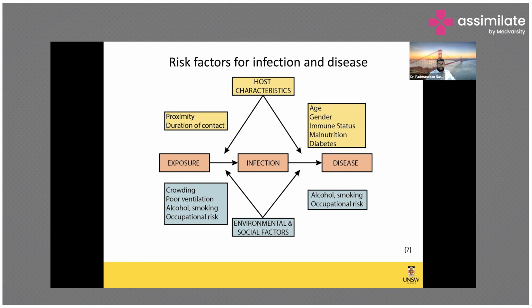There was one study which showed male gender had a higher chance of getting active TB disease. Sociologically, males tend to move out a lot and they have a better health-seeking behavior. So that's one of the reasons quoted from the social studies. And of course, the immune status, malnutrition, and diabetes are other risk factors. So you just have to understand these risk factors and know that they all increase the chance of progressing from exposure to infection to disease.